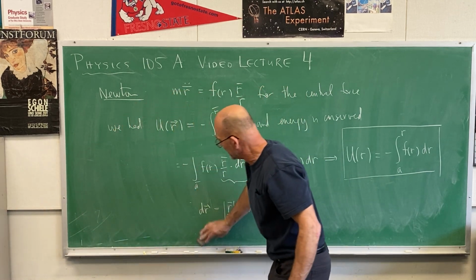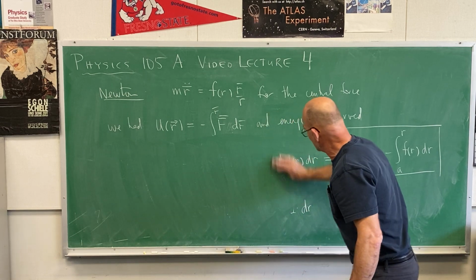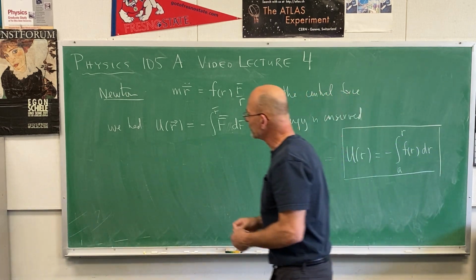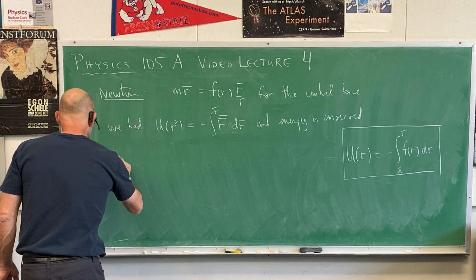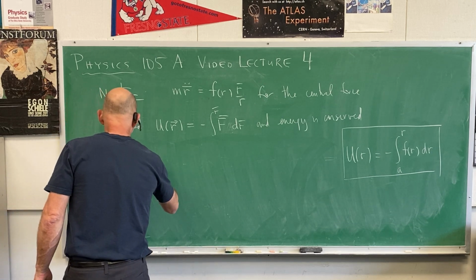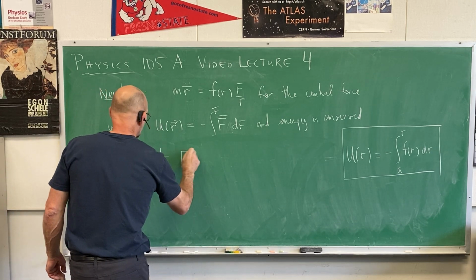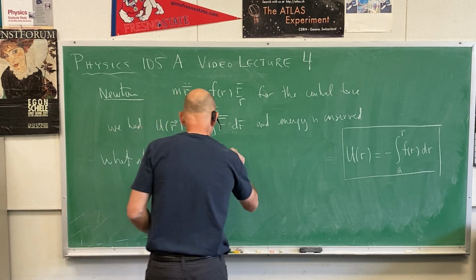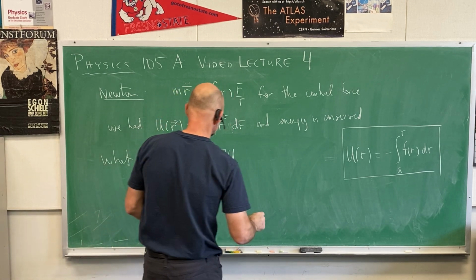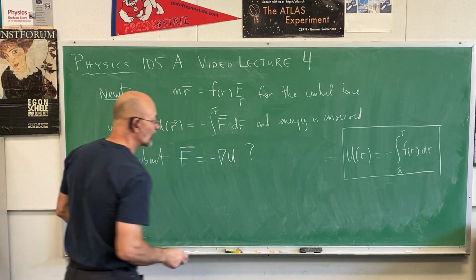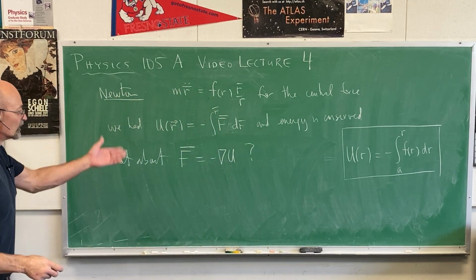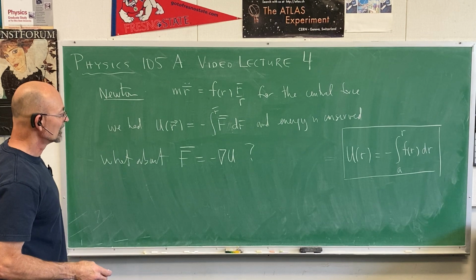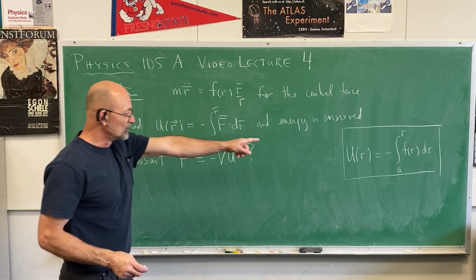And I'll put this as a question. What about F equals minus gradient of u? What about F is minus gradient of u? And we have u of R in that form.